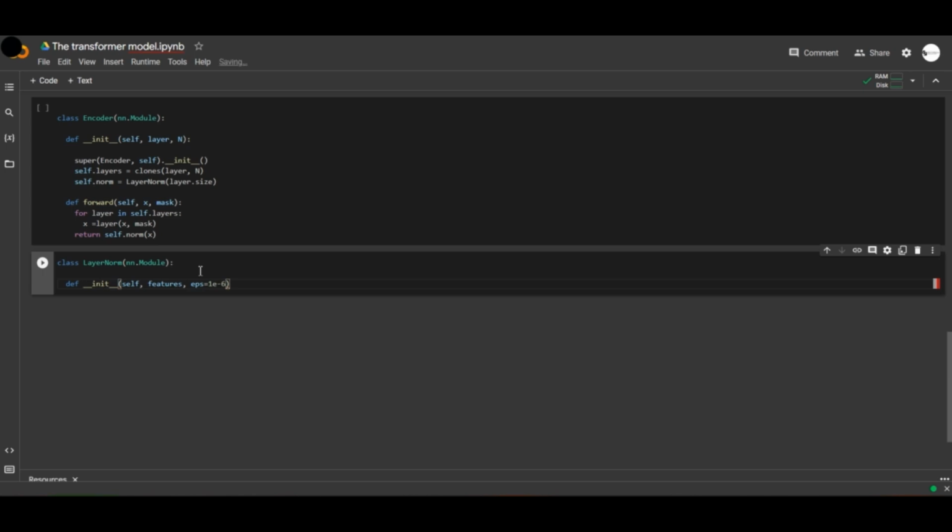So what is this? We can think of this as a small positive number that is added to the variance of the activation before we take the square root. You're gonna see this a lot. We write this to prevent division by 0. I'll show you where we use it, but that's why we need it.